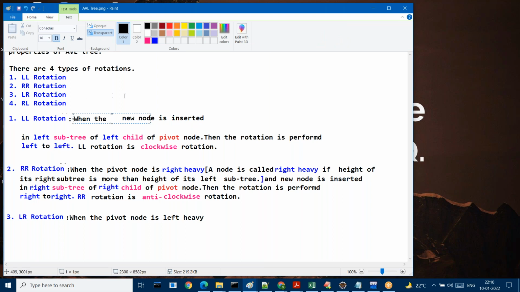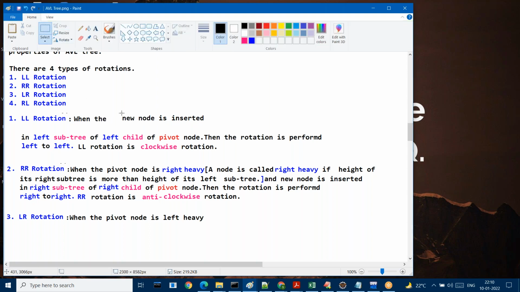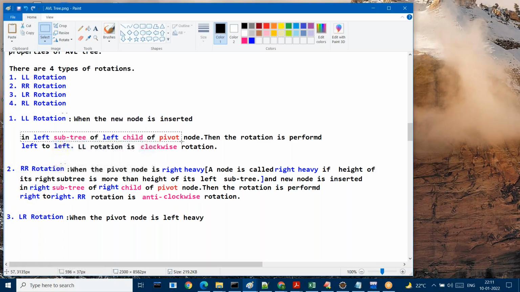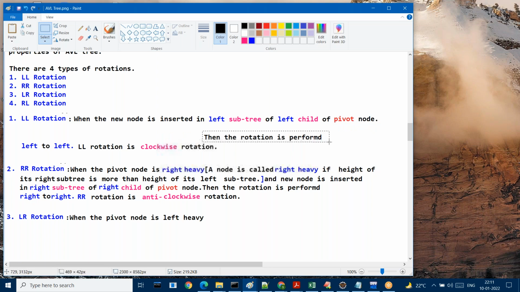When the new node is inserted in the left subtree of the left child of the pivot node, then the rotation is performed left to left, and it is a clockwise rotation.